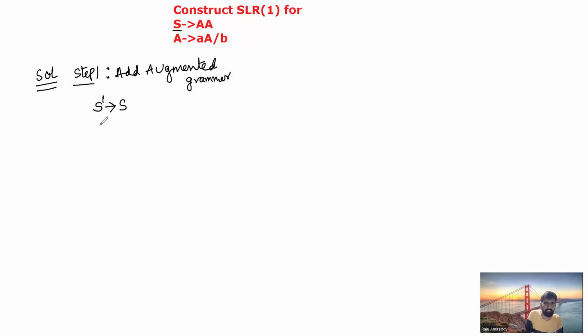So the given productions are S → AA, A → aA | b. In step 1, what we have done is called adding augmented grammar.